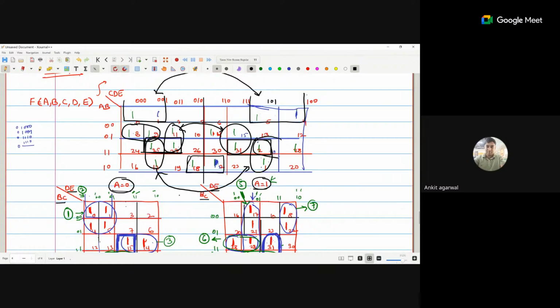This is the individual group, and this one is remaining. So this is the individual group. Okay, so in this way we can create a group.